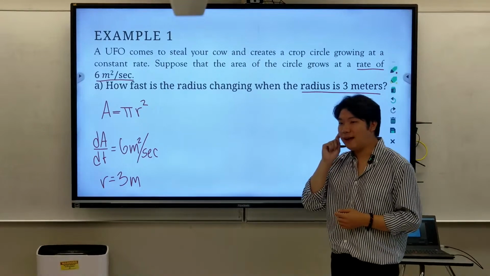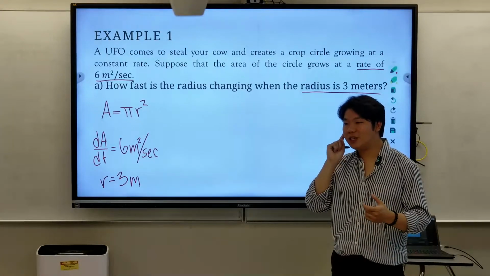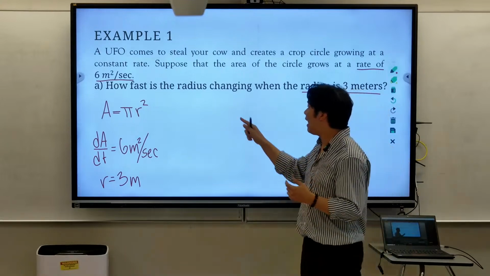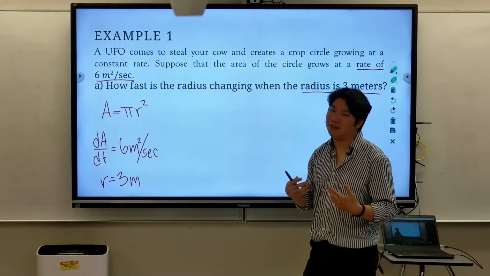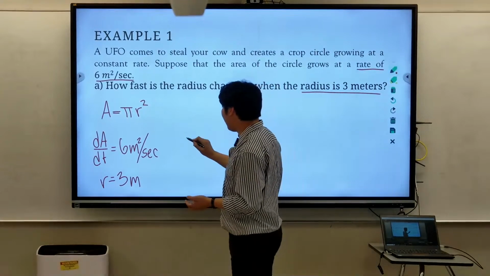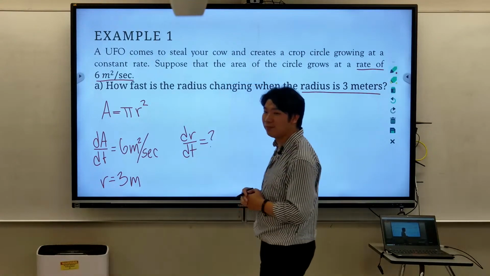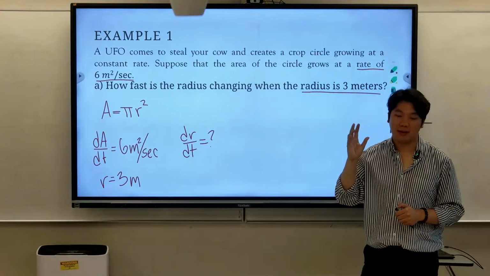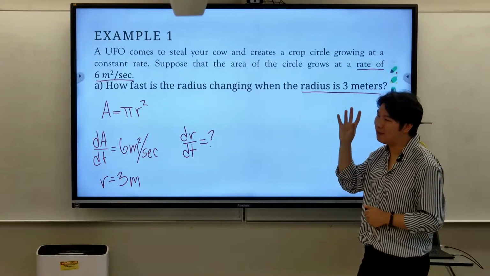But a way that I could reword this is, what is the rate of change of the radius? That is, what is dr dt? So whenever I'm asking how fast something is changing, I'm asking what is the rate? Or in other words, what is that derivative value?